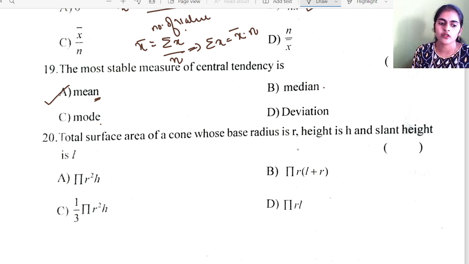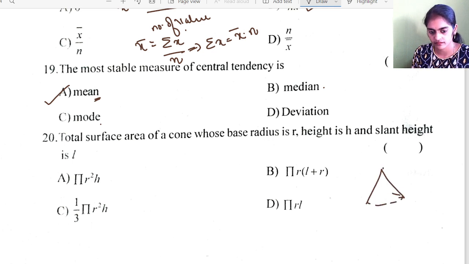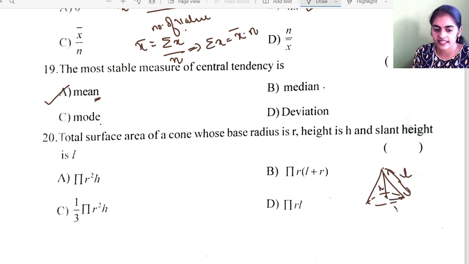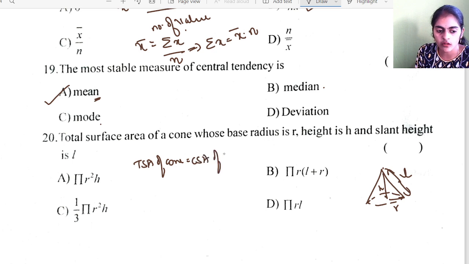Total surface area of a cone whose base radius is R, height h and slant height L. Firstly, TSA of cone is nothing but CSA of cone plus the area of base.